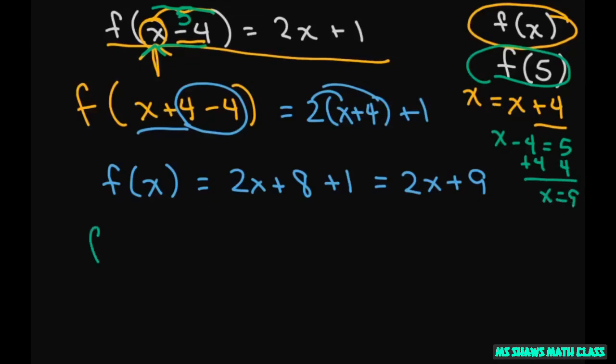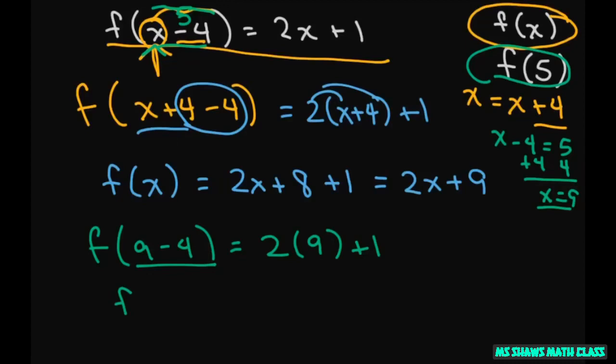So you're going to get f of 9 minus 4 equals 2 times 9, because that's your x here, plus 1. This gives you your f of 5 equals 18 plus 1, which gives you 19. And that's it.